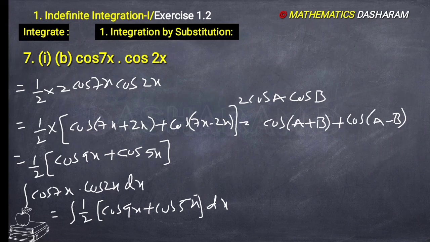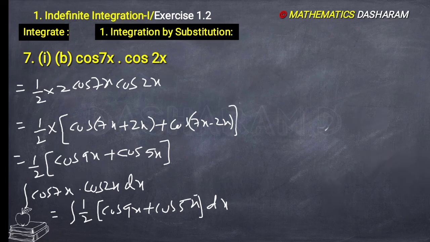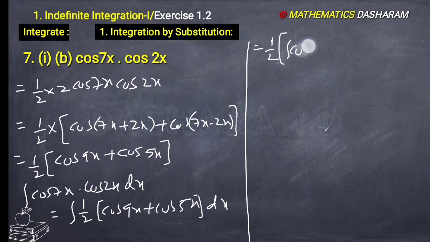Now apply the integration for each term separately. So 1 by 2 is a constant. So bracket of integration cos 9x dx plus integration of cos 5x dx.